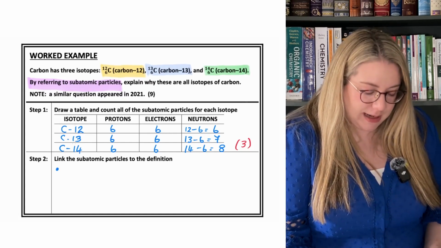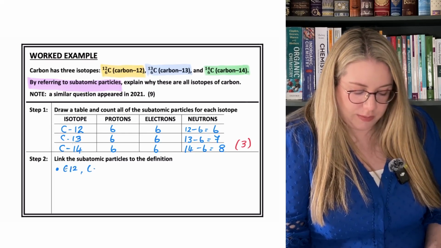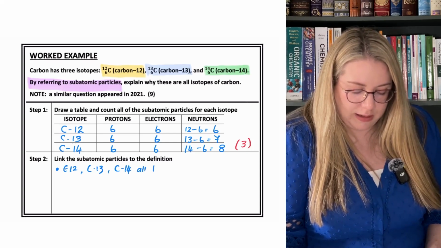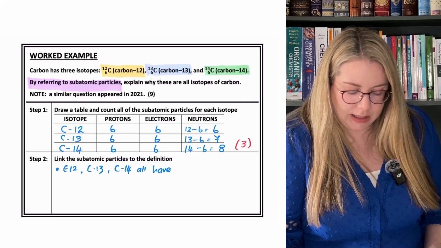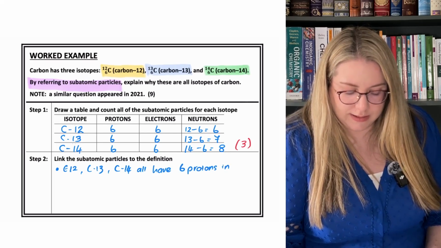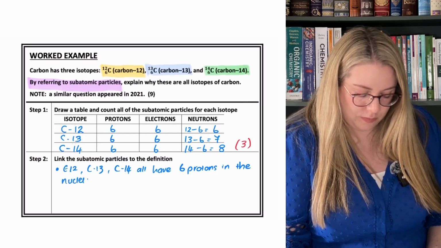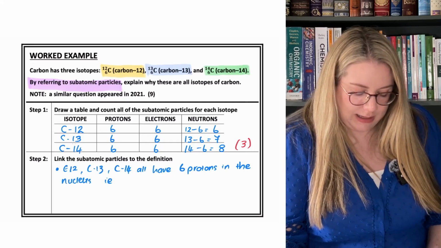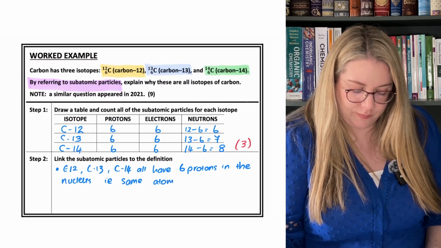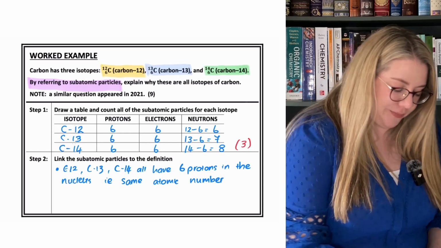So I'm going to phrase that as carbon 12, carbon 13, and carbon 14 all have 6 protons in the nucleus, i.e., they have the same atomic number. That's going to get me 3 marks.